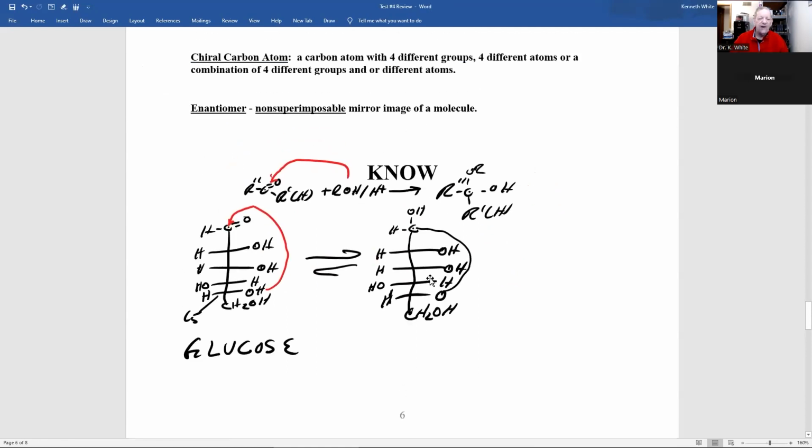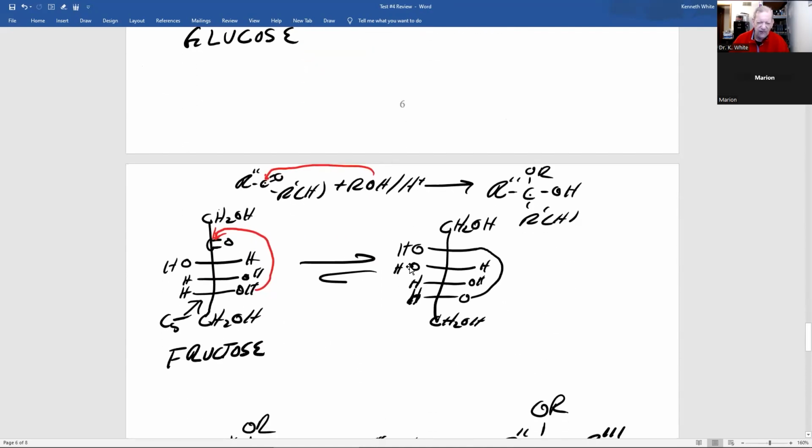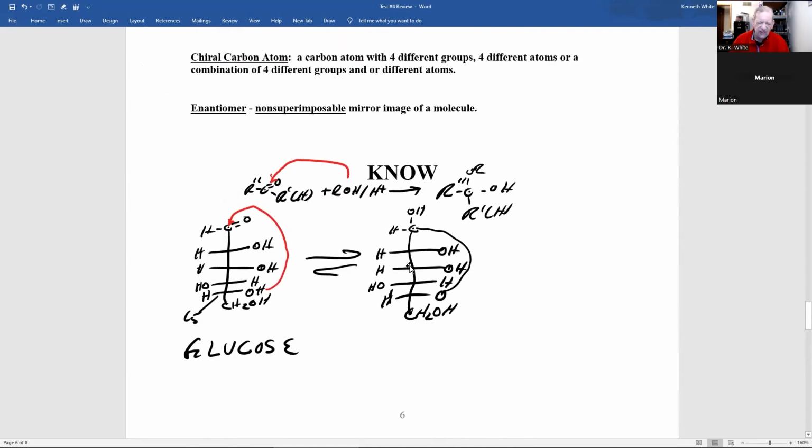Now, when it comes to sugars, there are two I talked about, glucose and fructose. You don't have to know the structures, but it helps to be familiar with them. And there are two equilibrium reactions I asked you to learn.